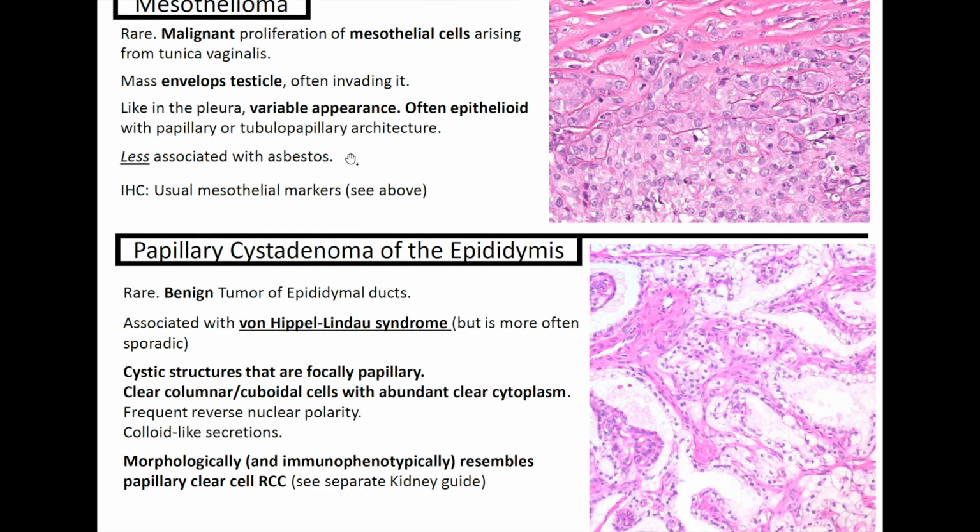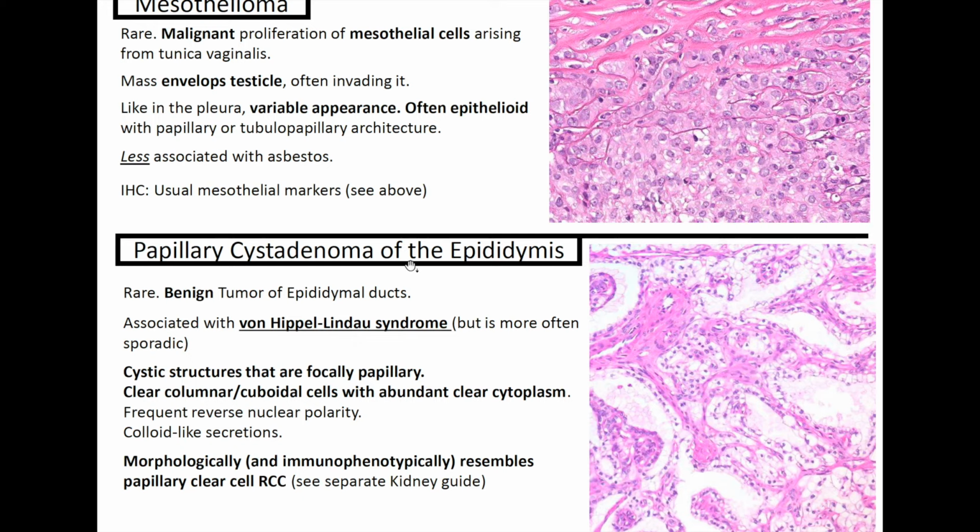So the next entity is papillary cystadenoma of the epididymis. These are rare, benign tumors of the epididymal ducts, associated with von Hippel-Lindau syndrome, but more often sporadic. You can have cystic structures that are focally papillary, with clear columnar cuboidal cells with abundant clear cytoplasm.